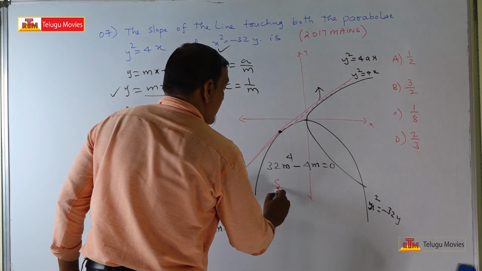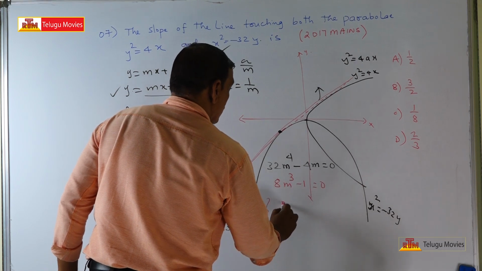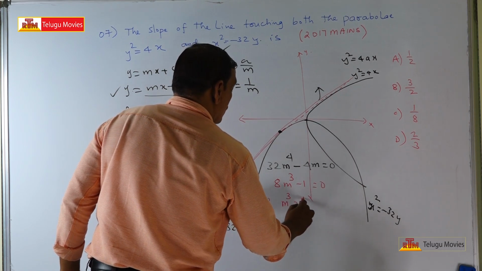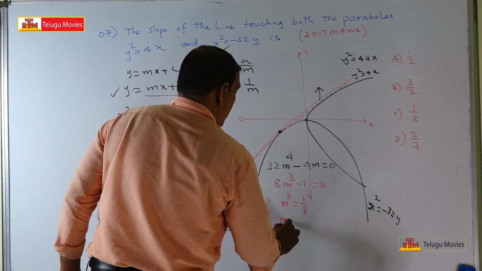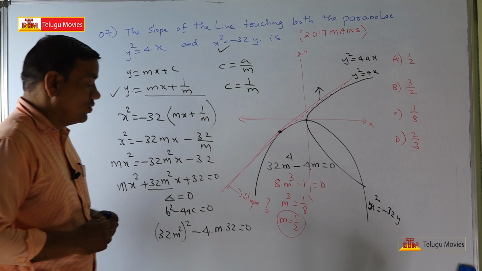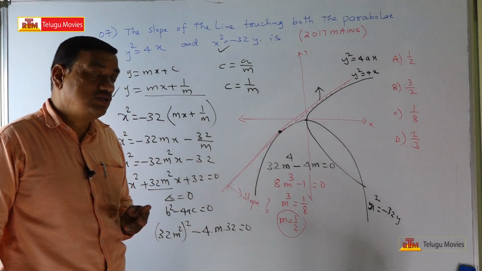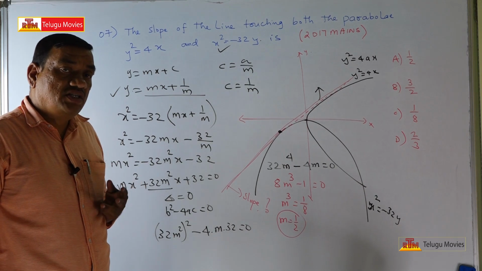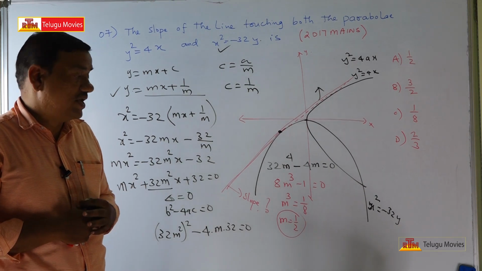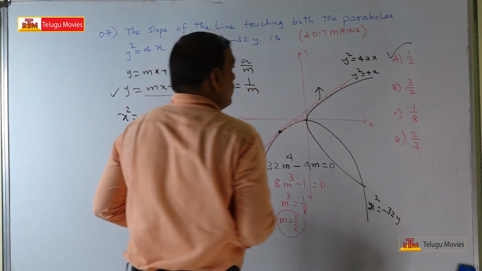So this is 8m³ - 1 = 0, m³ = 1/8, m = 1/2. So m = 1/2 is your answer. Actually, m will have 3 values, out of which one is real and the remaining 2 are complex. So here the slope of this line will be m = 1/2.